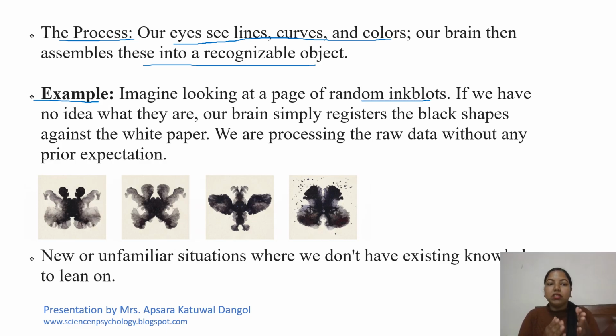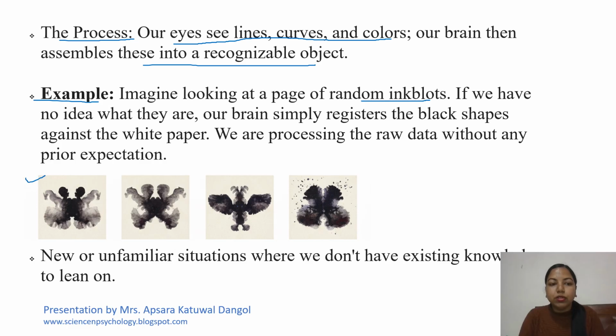In a copy, in the middle section, we used to put a few drops of ink, then press that paper and open it. Then we used to see different kinds of images, right? In psychology, such random ink blots are used to understand the personality of a person. But here, as an example, let us imagine looking at a page of random ink blots.